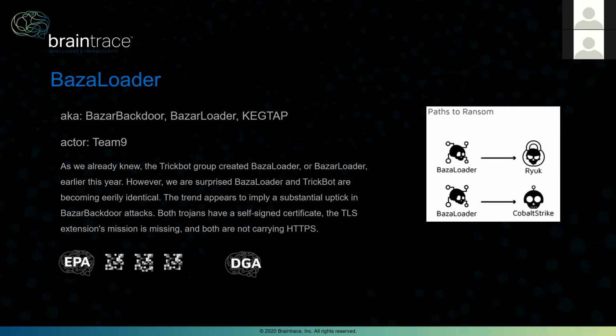It's easy to find Bazaar loader or Baza loader generated domains out there. Well, and obviously EPA. So the path here is Baza loader to Ryuk is what it can do, or what we've seen is Baza loader to Cobalt Strike, and then whichever ransomware family they feel like locking the place up with.